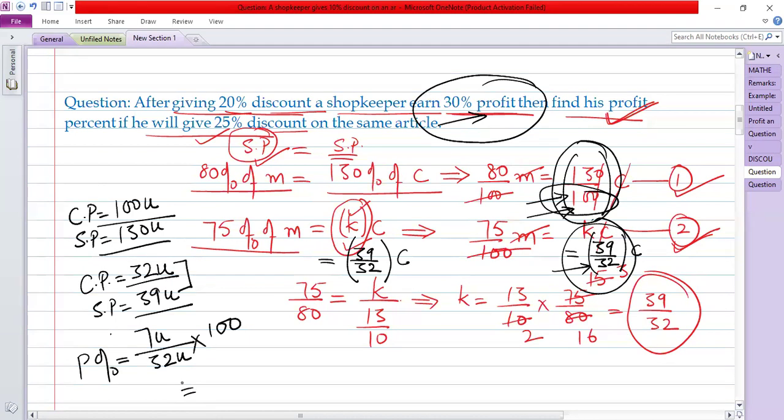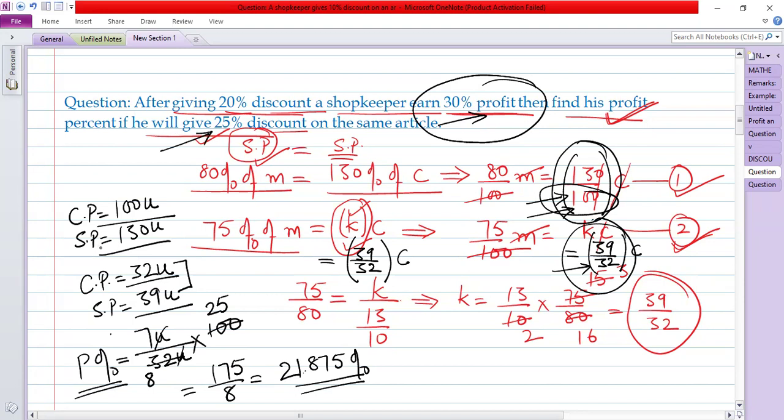Now one can solve this: 4, 8, so it will be 25 into 7, that is 175 by 8, which will be 21.875 percent. So this will be the profit percentage if the discount is 25 percent.